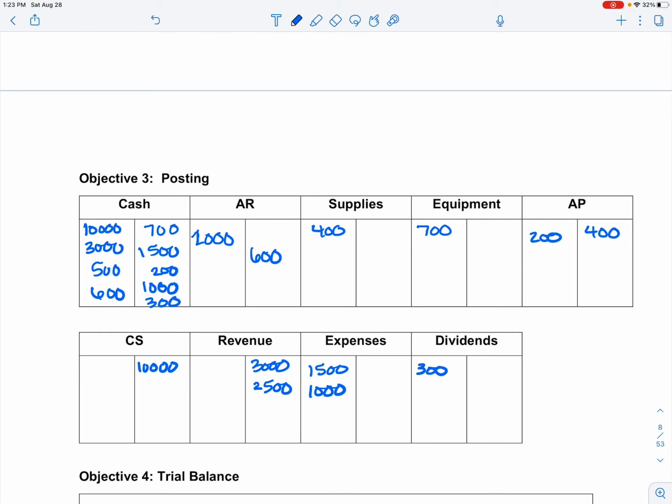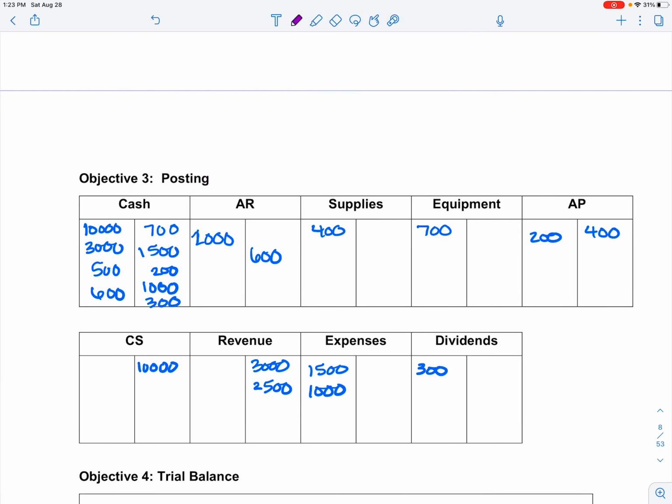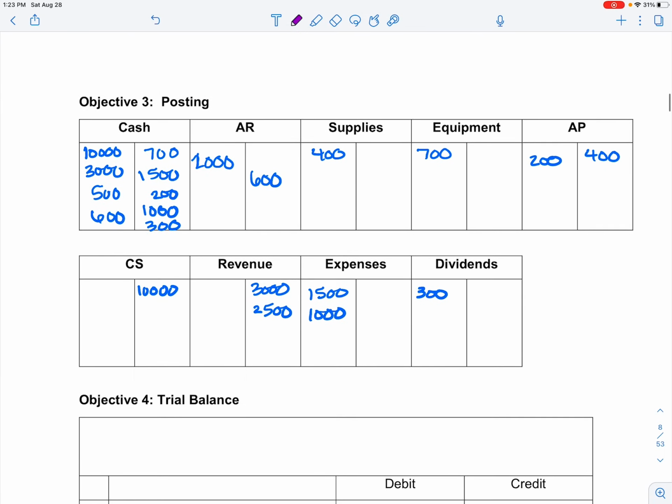Now I know this is tedious, but if we don't do this slow and make sure we have everything right, then when we start adding these up, it's going to be very difficult to get the right numbers. So let me show you how we're going to look at the account balances. You only get one number per account when you're done.